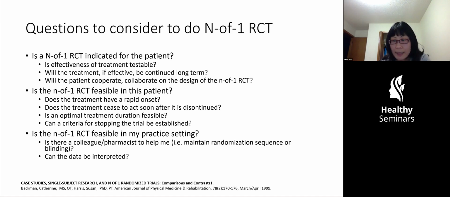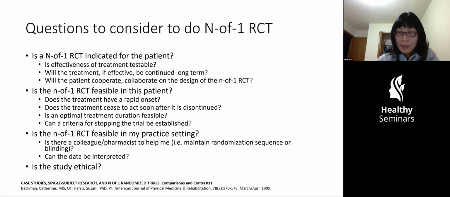Does it make sense? And lastly, and I think this is the most important part, is the study ethical? Is it ethical to have your patient go through a period of time when they will be receiving placebo? And sometimes it may not be, and if that's the case, then this is not an appropriate design to use.